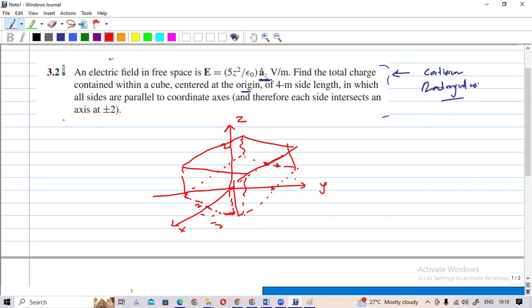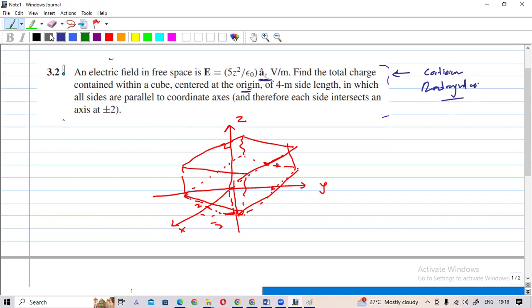So it is a rectangle like this. This is the maximum diagram I can draw. So this kind of cube you will get.